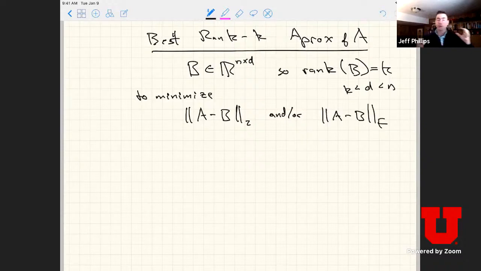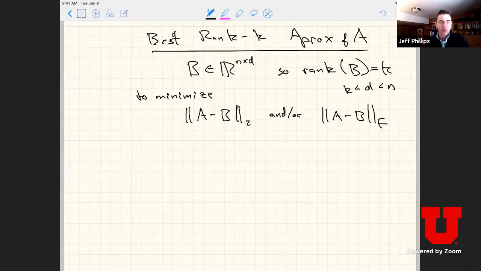Okay, and I'll review what these are. The spectral norm is kind of the maximum in one direction, and the Frobenius norm is the sum squared of all the directions here. We'll recover those definitions as we go through the derivation of how SVD gives us this answer.